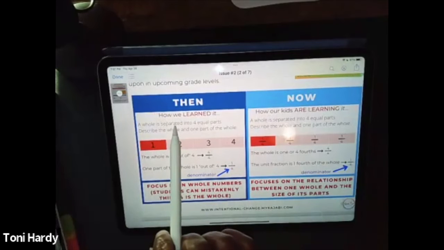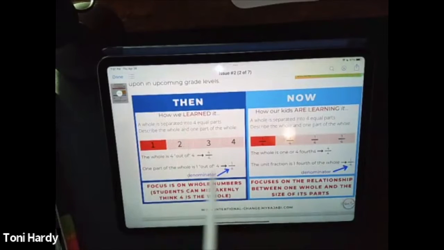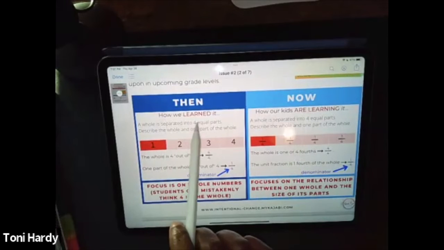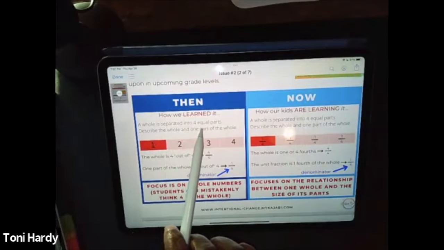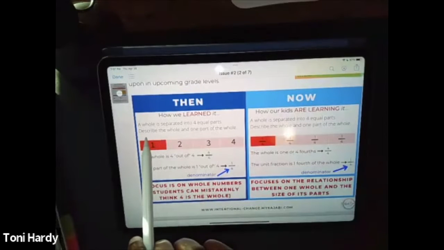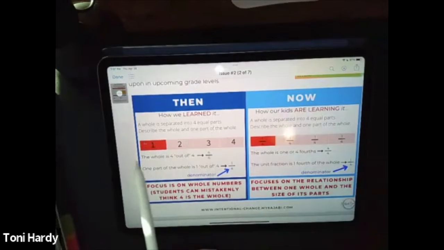Okay, so we have it set up where we're looking at what we learned then compared to what our kids are learning now. So this is how we learned it. A whole is separated into 4 equal parts. We know that. And we describe the whole and one part of the whole. So here's an example.